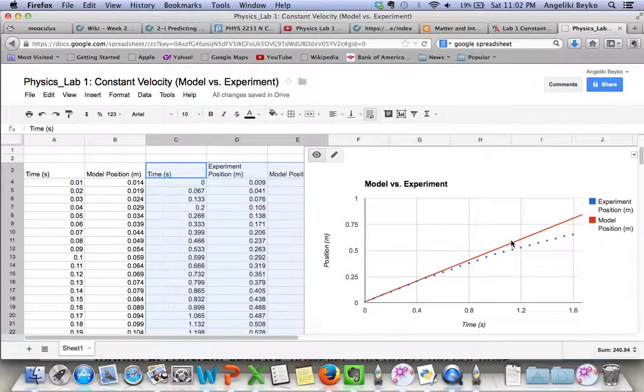Here's the graph. The red line is model position over time, and the blue line is the actual observed results, the position over time. As we can see here, the experiment position is underneath the model prediction, and this could be for several reasons, which we'll go over.